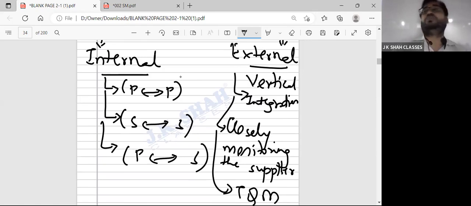The full form of TQM is Total Quality Management.